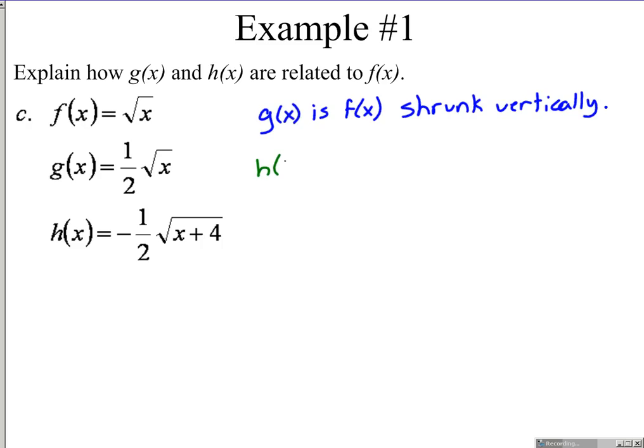H of x is f of x. 3 transformations done here. We're adding something directly to x. We have now a lead coefficient, and we have a negative sign. So h of x is f of x. Let's do the shifts first. Shifted 4 units to the left.